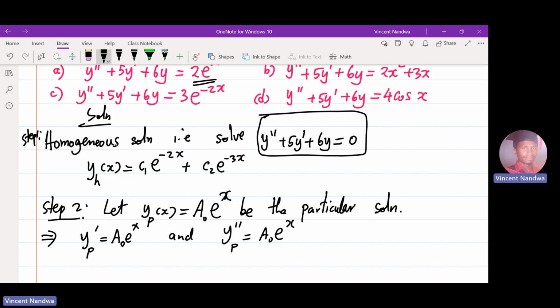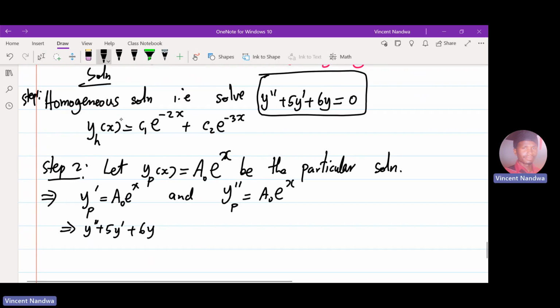So we replace this into the differential equation. So y double prime plus 5y prime plus 6y, which is the left-hand side of the equation. Saying that yp is a solution means that when we replace into the equation, we get a naught e raised power x plus 5 times the first derivative, a naught e raised power x, plus 6 times the function itself, a naught e raised power x.